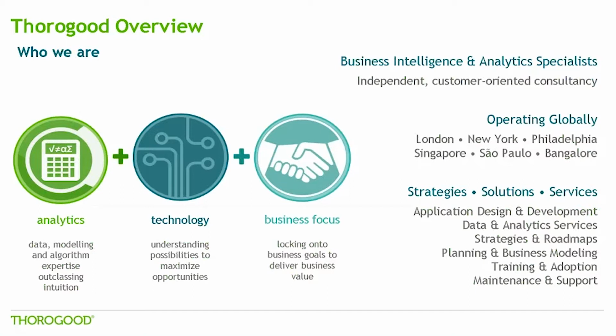So for those of you who don't know Thorogood, we're an independent global professional services firm specializing in business intelligence and analytics strategies, solutions, and services with a keen focus on our customers. In all of our engagements, we seek to blend an understanding of the business goals with a strong grounding and knowledge of the technical possibilities to create optimal solutions for our customers. We're a global company with offices in London, New York, Philadelphia, Singapore, Sao Paulo, and Bangalore.